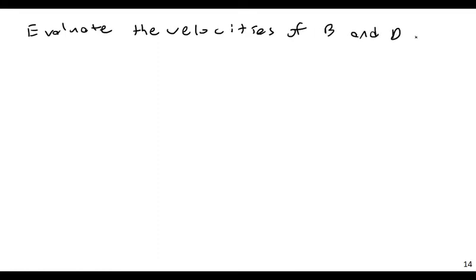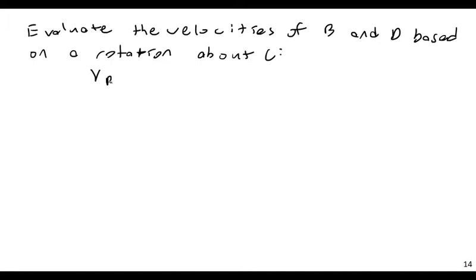Then I can evaluate the velocities of B and D based on a rotation about C. I'll just say VB is equal to RB times omega, because I already know the omega, and the omega will be the same thing for everything about point C. So it will be 0.25 meters times our previously calculated angular velocity of 8 radians per second.